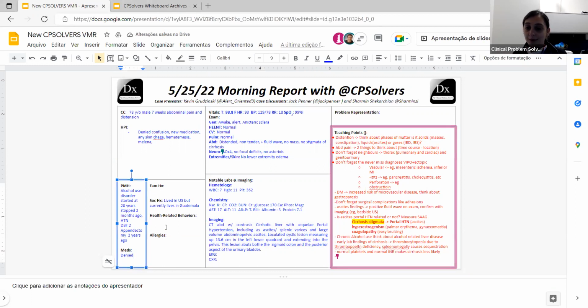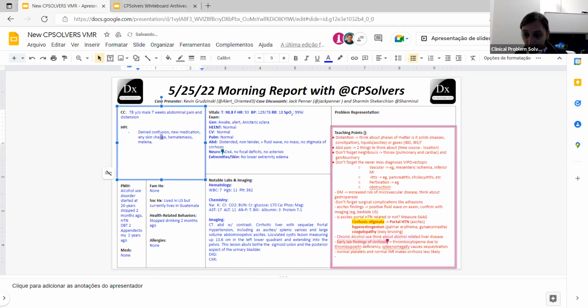So the question becomes for me, when I'm looking at this CT, are all the things related to each other, or are we dealing with two things, right? This might be someone that, yes, because of his alcohol use disorder over time is developing cirrhosis and has another pathology in his belly. So I'm thinking about that.